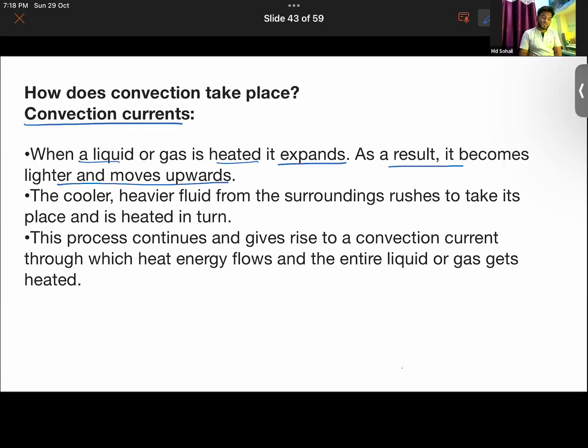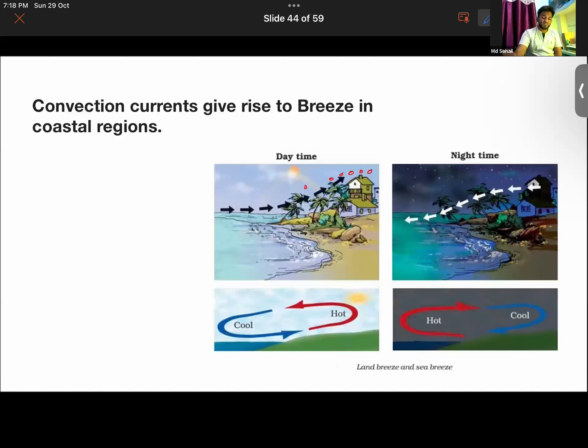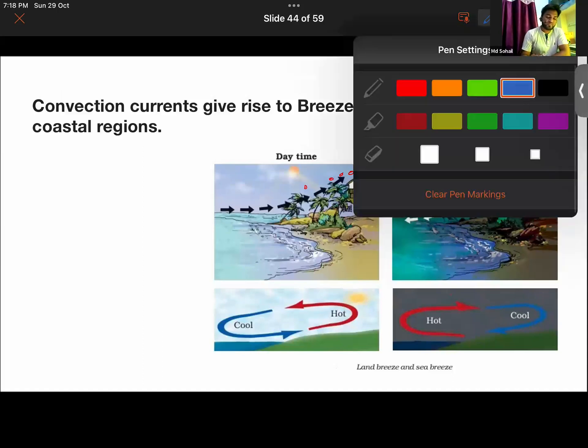If you consider examples of a gaseous medium where convection takes place, what do we observe in that case? Look over here. During the daytime, what will happen?